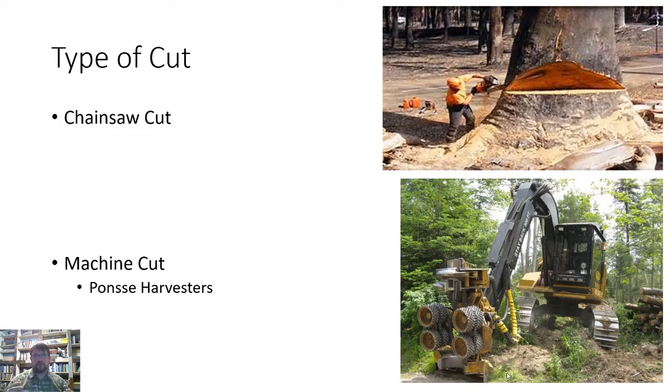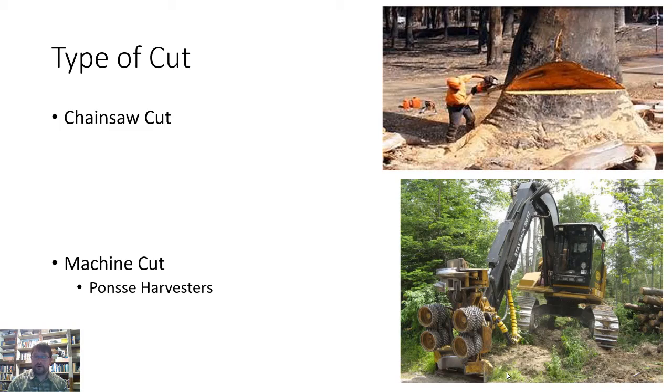Regardless of the equipment you use, it's still a personal cut. Maybe it's a team cut, depending on the size of the tree, but it's still done by individuals with the aid of some machinery. Okay, a chainsaw is a machine, but it's still an individually run piece of equipment. And it's not as invasive on the environment as, say, a machine cut.